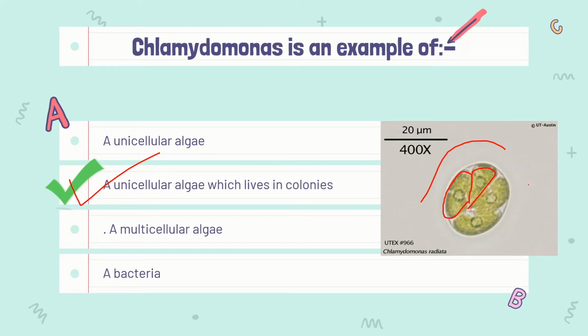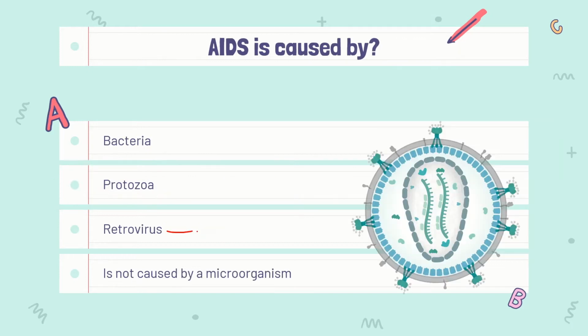This is how it looks. Great. It is caused by a virus called a retrovirus. So this is a picture of a retrovirus. It's a very easy picture to understand, so I use this picture instead of the actual picture.